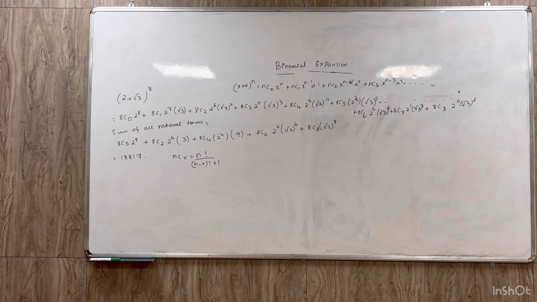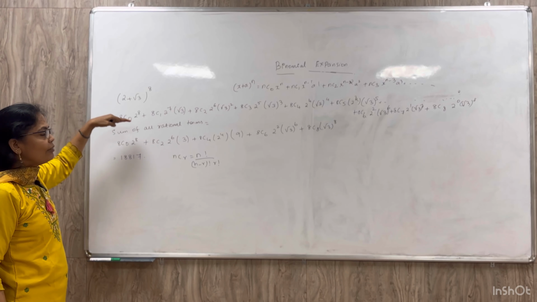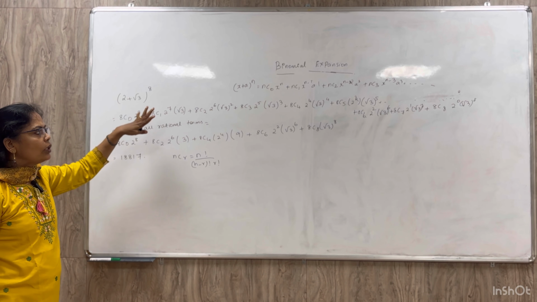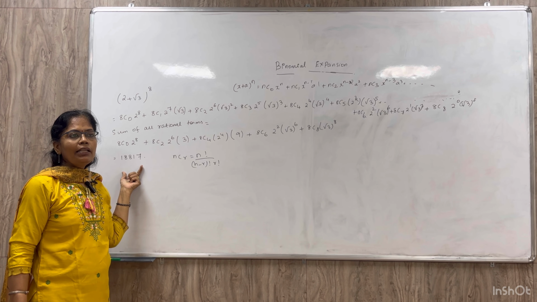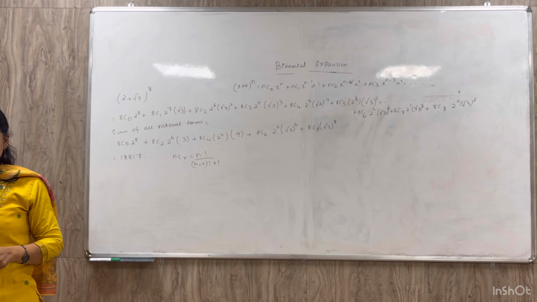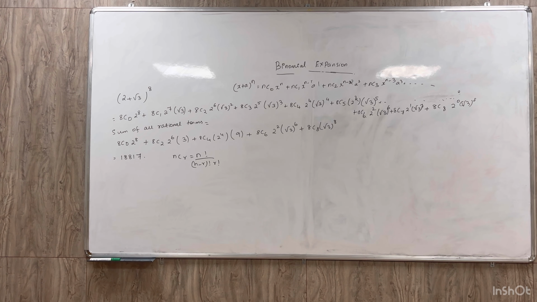So the answer is 18,817. So here I expanded the given term using the general formula and I picked out all the irrational terms and calculated the value 18,817.